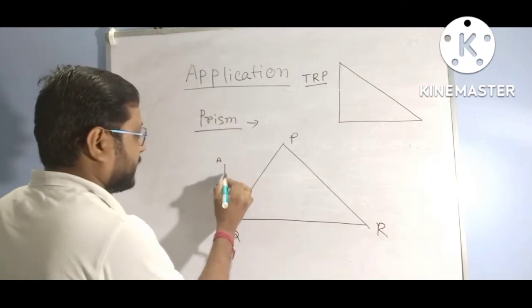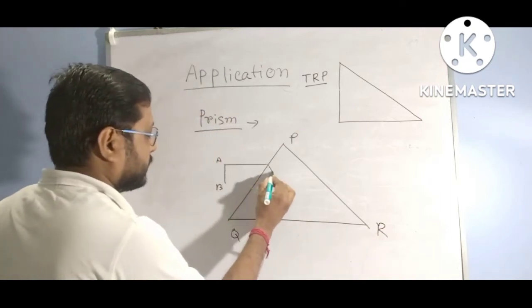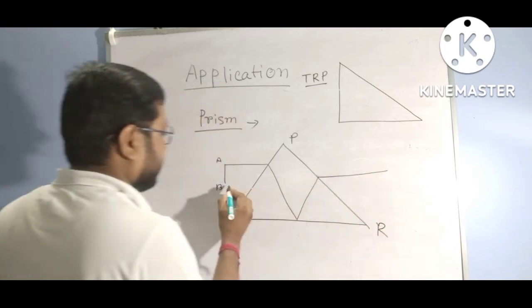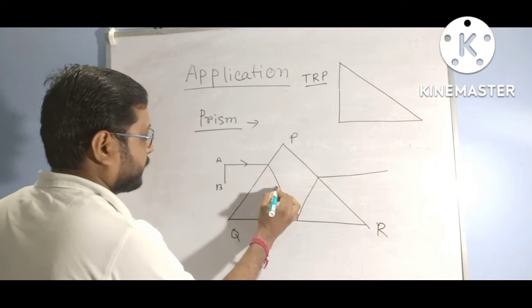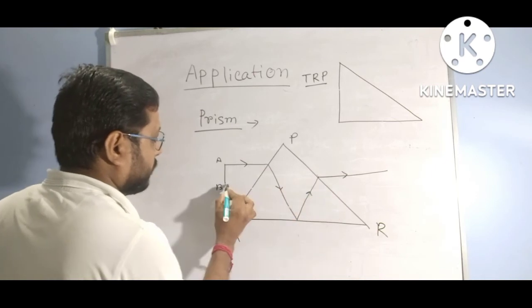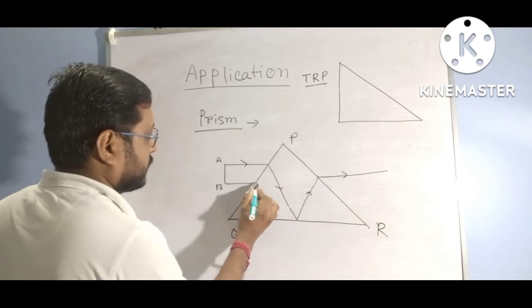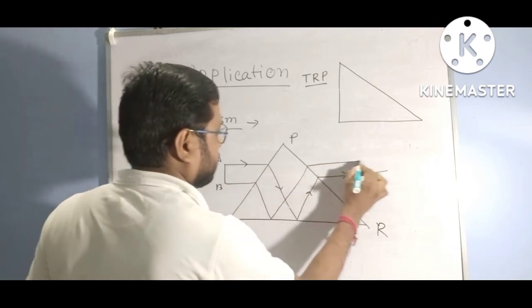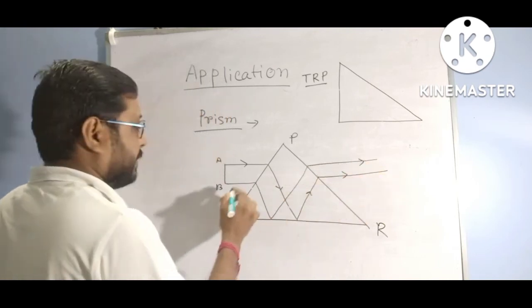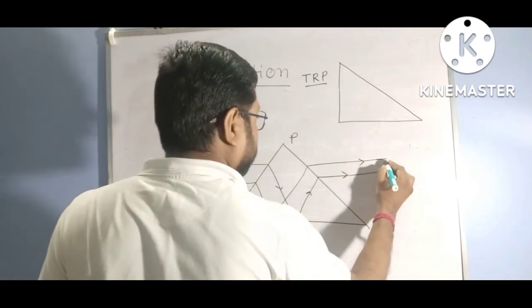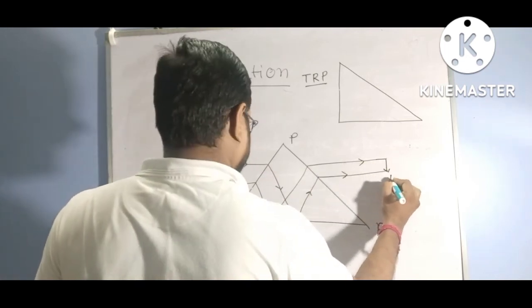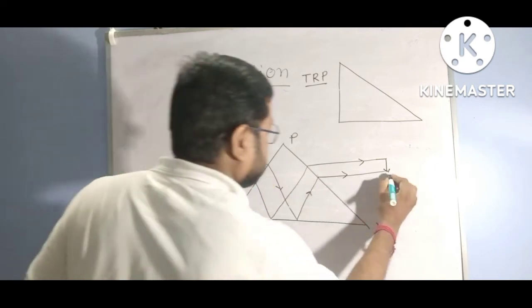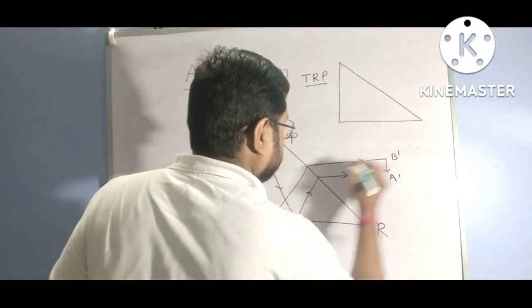So at first the ray from A gets reflected, and another ray from B, and this also gives an inverted image, and this is A dash B dash.